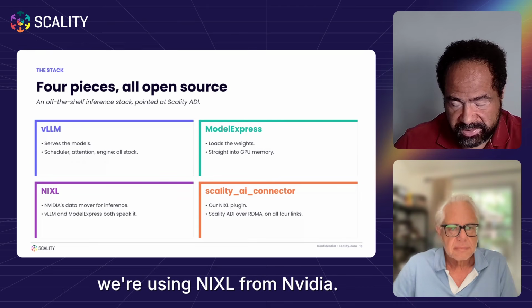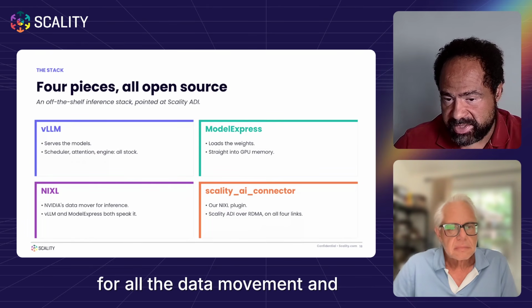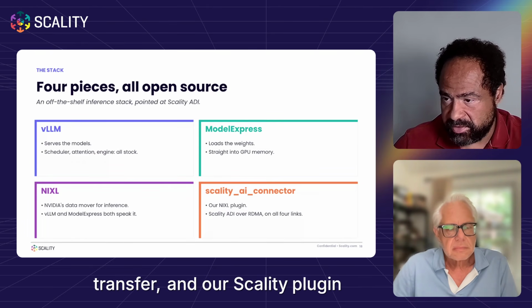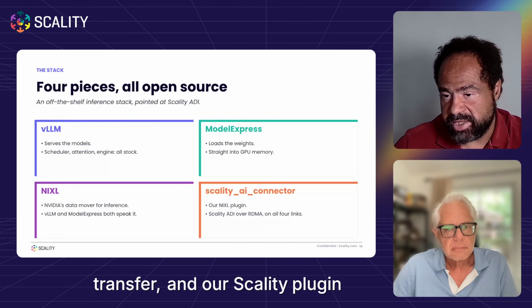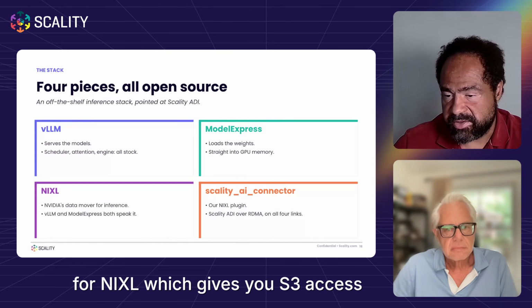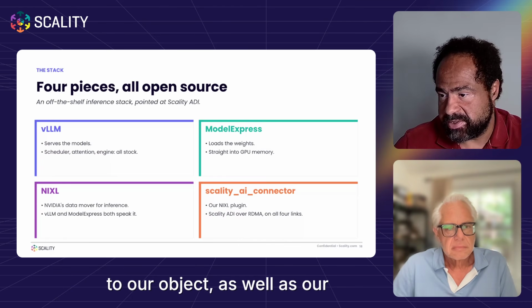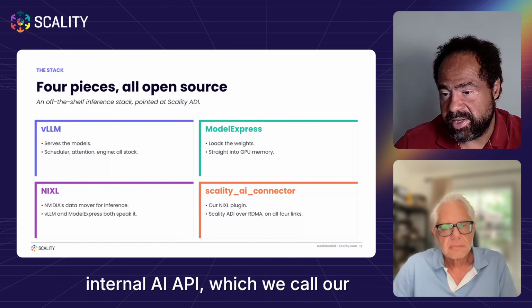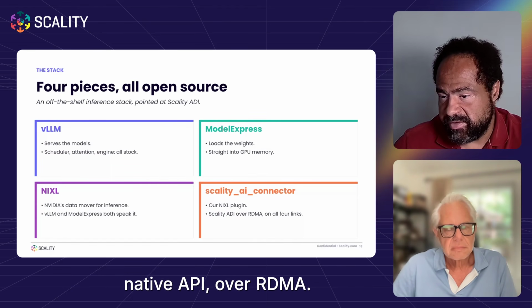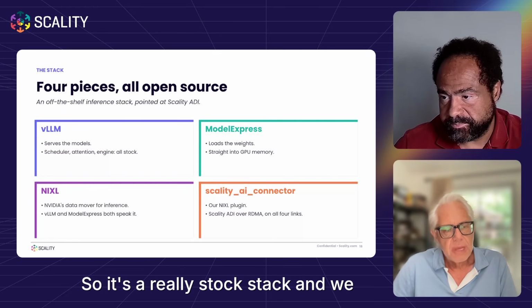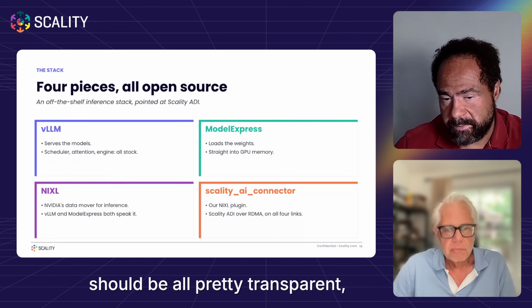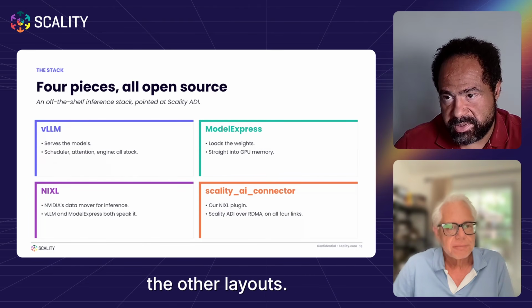We're using NIXL from NVIDIA for all the data movement and transfer, and our Scality plugin for NIXL, which gives you S3 access to our object storage, as well as our internal AI API, which we call our native API over RDMA. Okay. So it's a really stock stack, and we just plug in at the bottom. So it should be all pretty transparent to the other layers. Absolutely. Yeah.